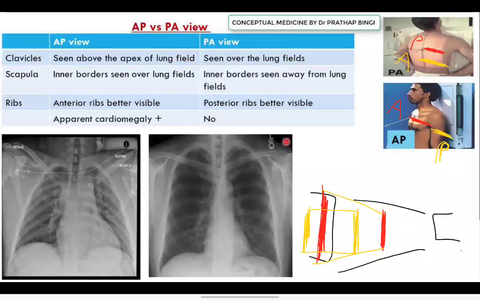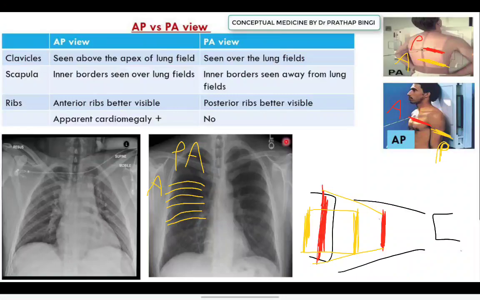So in the PA chest radiograph, the yellow one is the anterior ribs. These are the anterior ribs because their size is almost equal to the original size. This is the anterior ribs in the PA chest radiograph.